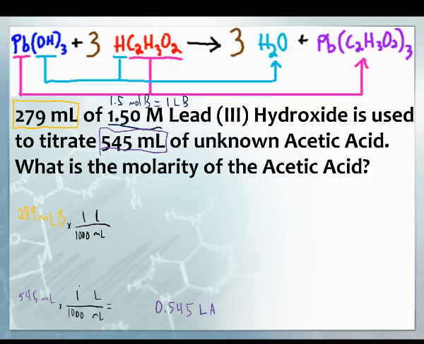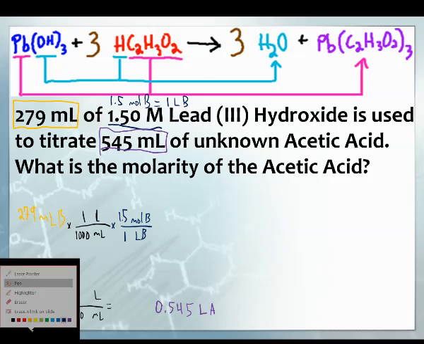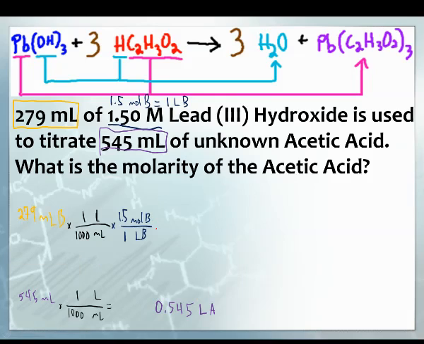After that, I've got my molarity, just like I've been doing before, my liters of base to my moles of base. In this case, for every 1 liter of base, I have 1.5 moles because that is what the problem tells me. I'm then going to go to stoich because I'm changing from one thing to another.